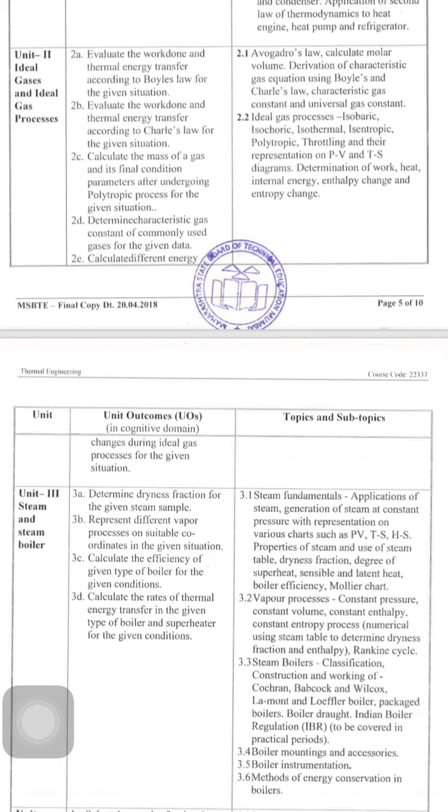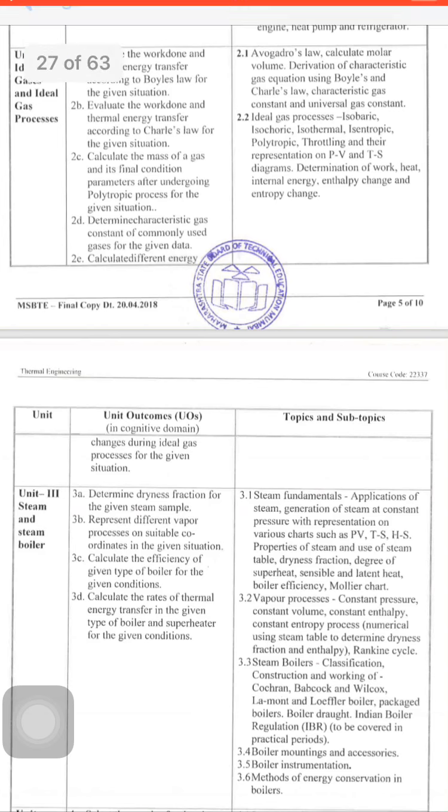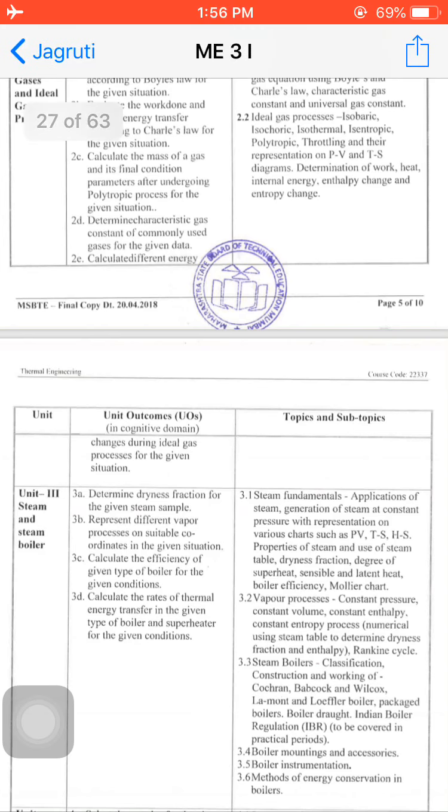Okay, and here the half portion, which is steam, and the numericals on this half portion are solved by using the steam table. The remaining portion of the syllabus we have to discuss in the next unit.